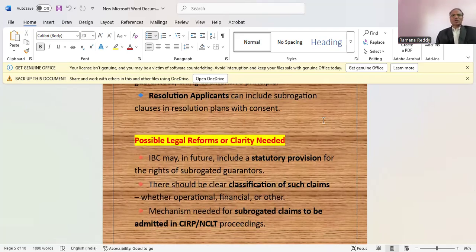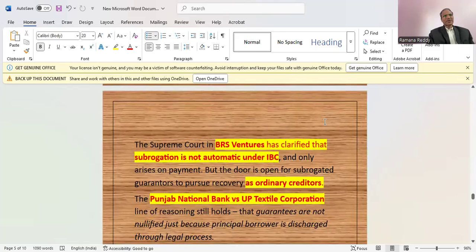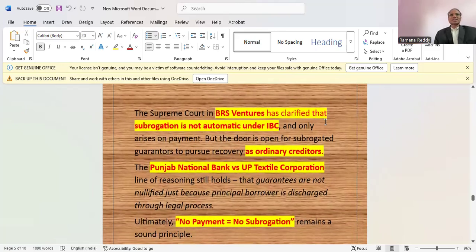A mechanism is needed for subrogated claims to be admitted in CIRP and NCLT proceedings. The Supreme Court in BRS Ventures has clarified that subrogation is not automatic under the IBC and only arises on payment. But the door is open for subrogated guarantors to pursue recovery as ordinary creditors.